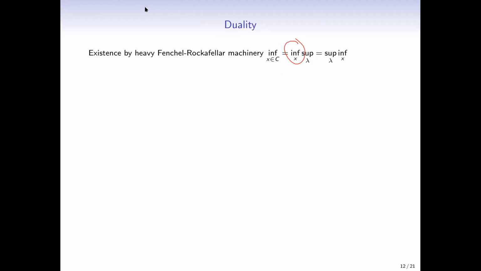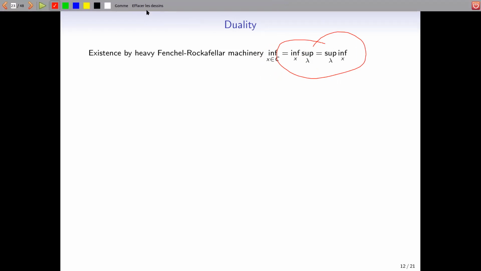And then, under reasonable convexity or concavity assumption, usually you can use convex analysis to swap inf sup equals sup inf. And this is how you write the dual problem. This is a very general trick. This is how one usually gets the dual problem.